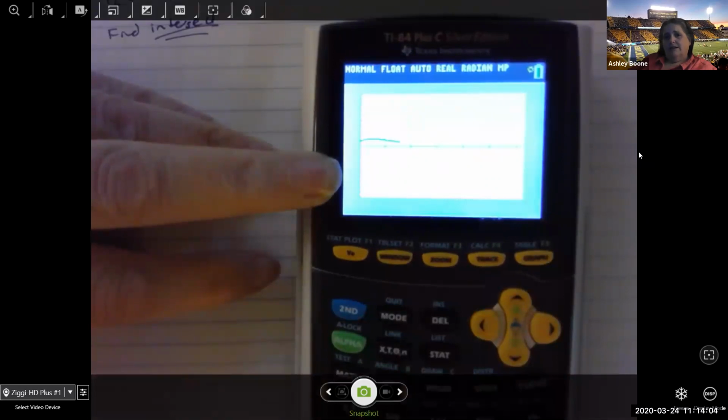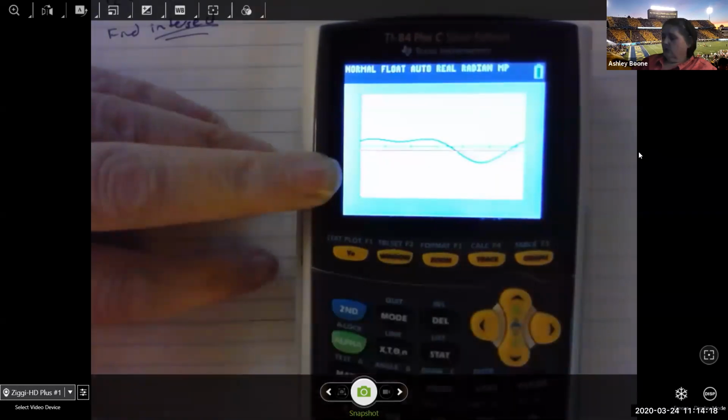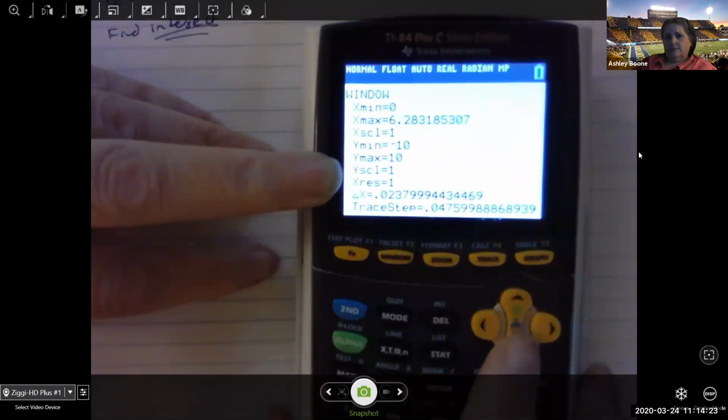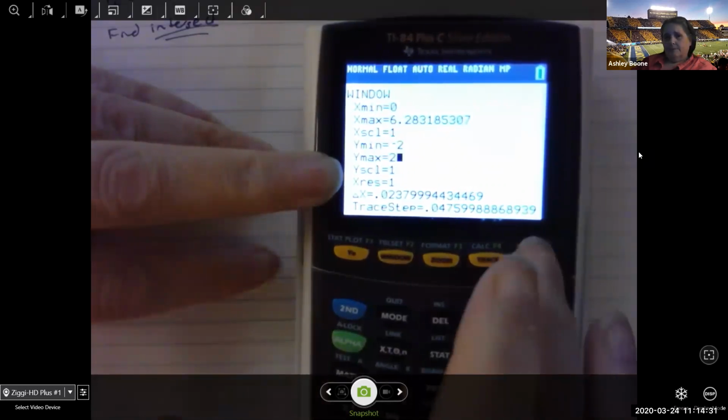Now notice it's really tiny, right? As soon as this finishes, I'm going to adjust this window setting a little bit more. And in your notes, you have a graph of this blown up as well. It's still doing the twirly. There we go. So I'm going to focus in a little more.